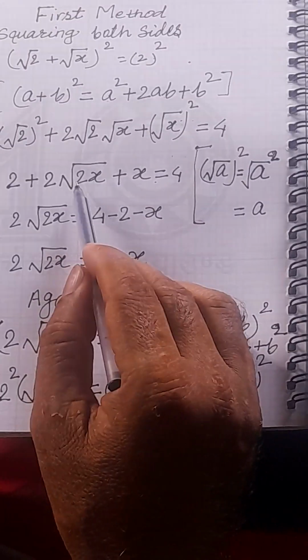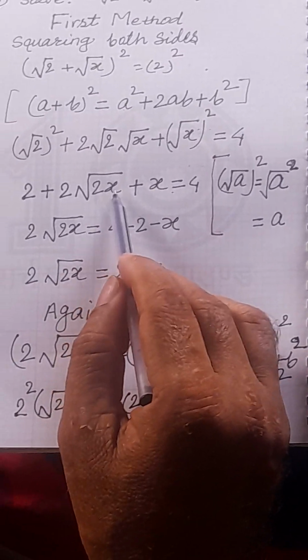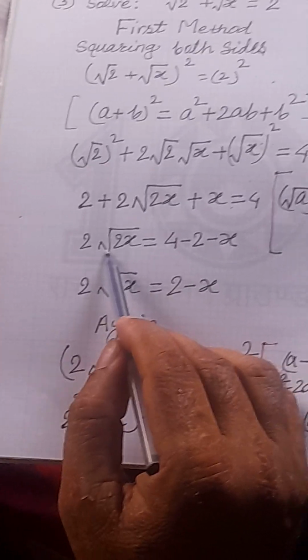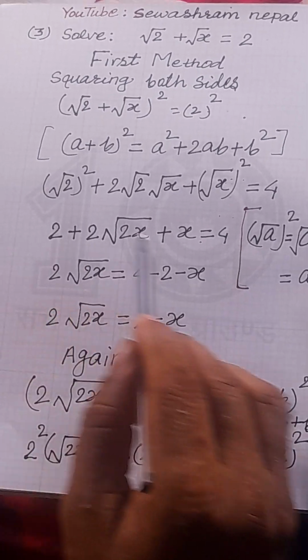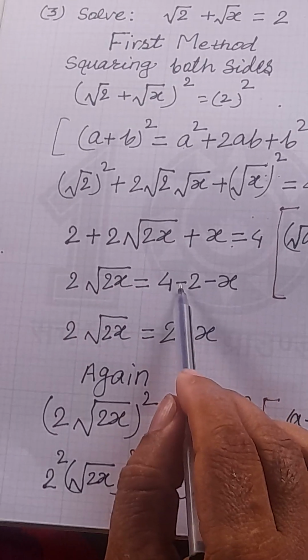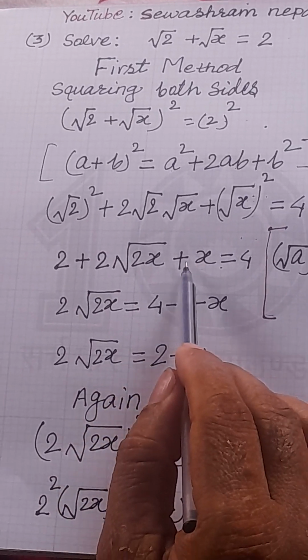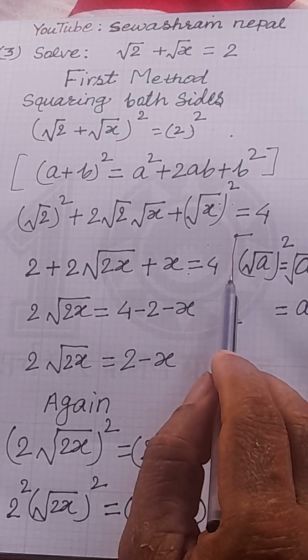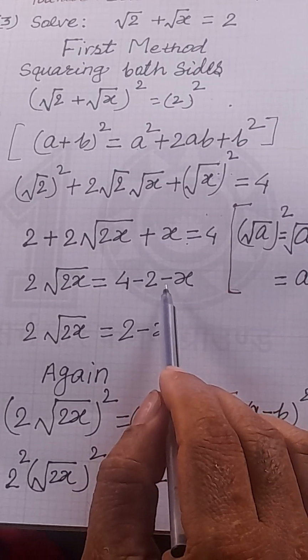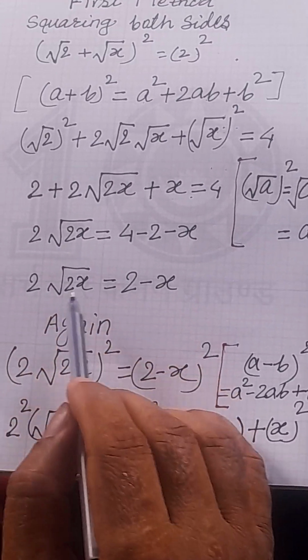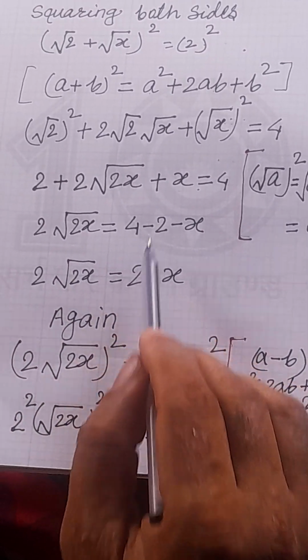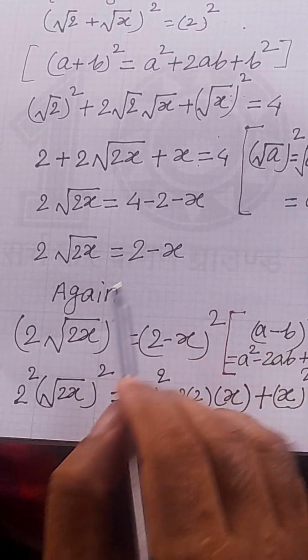Only this term, 2 square root 2x, should be on the left hand side and all other terms should be on the right hand side. So 4 on the left, plus 2 goes to the right hand side becoming minus 2, plus x goes to the right hand side and is written minus x. So here, 4 minus 2 is 2, minus x.